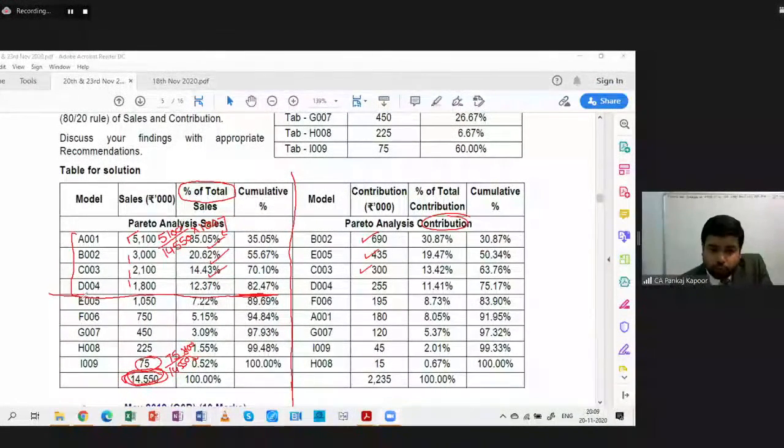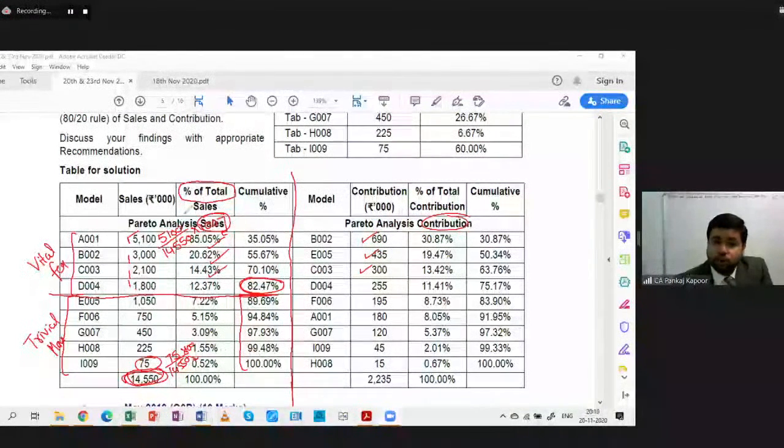And these 4 products cumulatively help us to earn the revenue of 82%. Whereas the remaining 5 products help us to earn only 17.53%. So these 4 are vital few based upon the sales, whereas these 5 are trivial many based upon the sales. But there is not only one basis based upon which we need to perform the Pareto. We also need to perform the Pareto based upon the contribution.